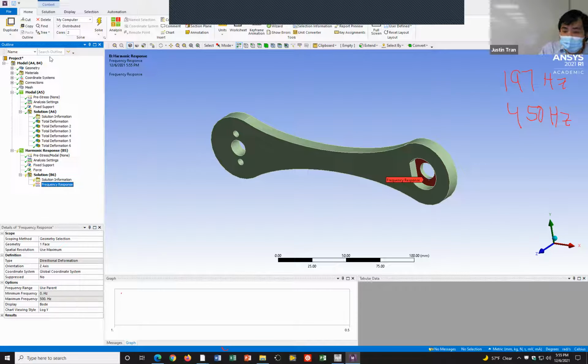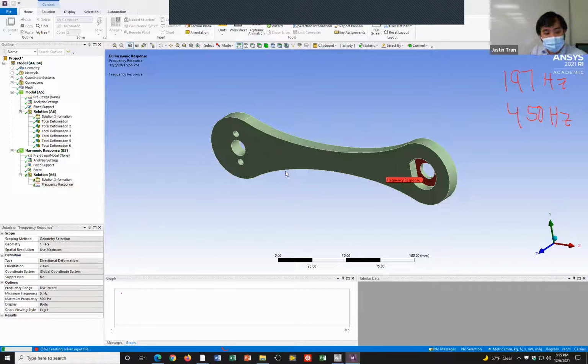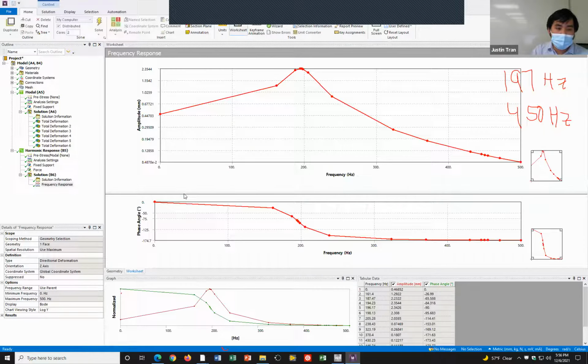We are now ready to go, so with all of those set, we can click solve. It takes a little bit of time. It's not the fastest in the world, but it's not as slow as optimization or dynamics.